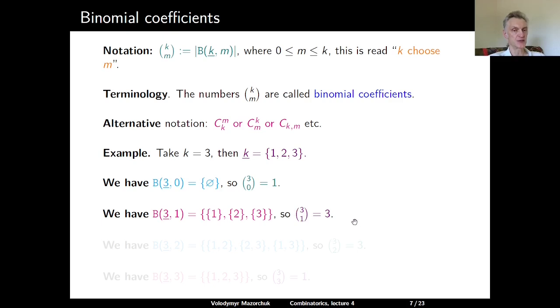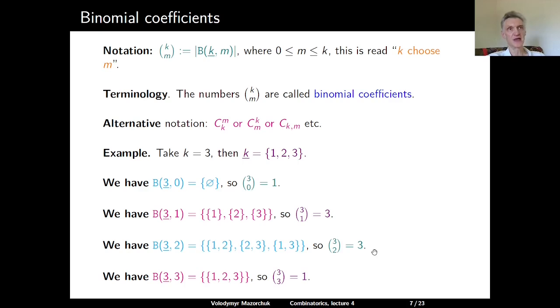So 3 choose 1 is 3. As we already saw in the previous slide, there are 3 2-element subsets of 1 to 3. These are {1, 2}, {2, 3}, and {1, 3}. So 3 choose 2 is equal to 3. And finally, there is a unique 3-element subset of 1 to 3. It's 1 to 3 itself. So 3 choose 3 is equal to 1.